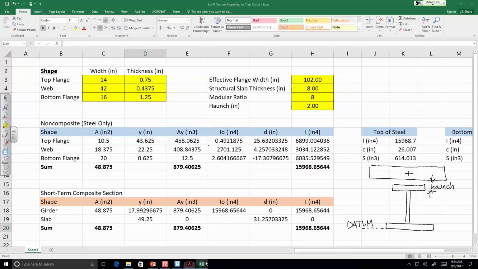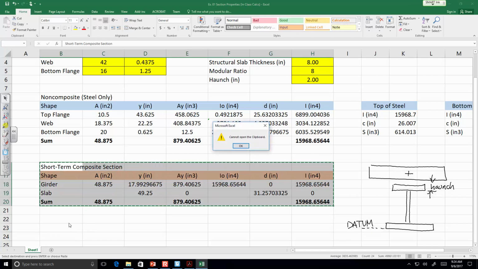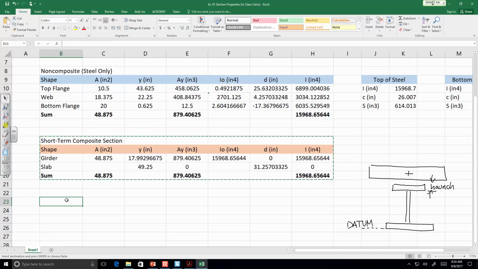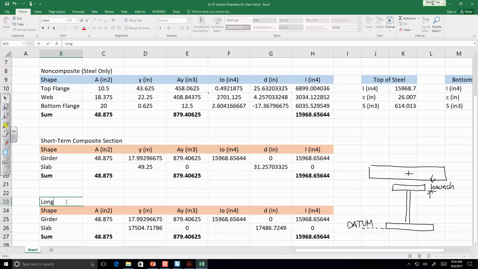So what I'm going to do is actually copy this table. And we'll put this maybe down here. We'll call this long-term composite section. Maybe give it a different color, something like that.